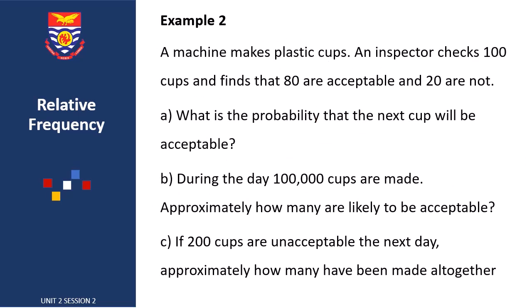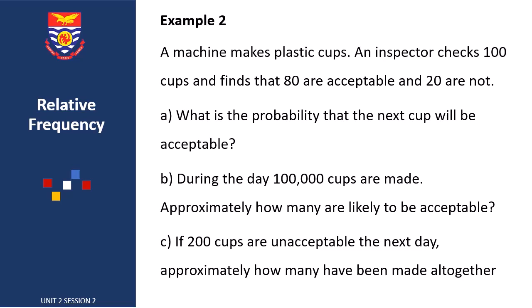Example 2. A machine makes plastic cups. An inspector checks 100 cups and finds that 80 are acceptable and 20 are not. A, what is the probability that the next cup will be acceptable?